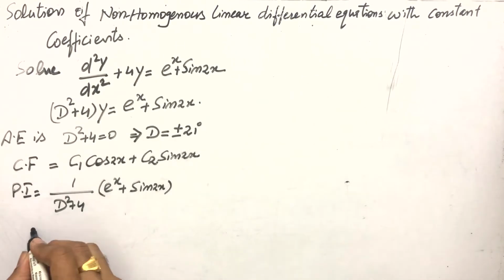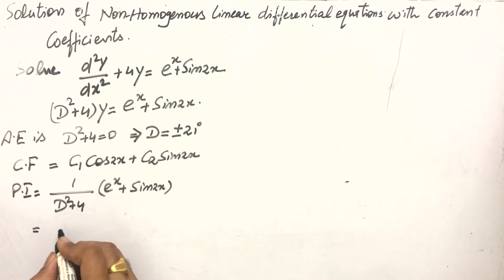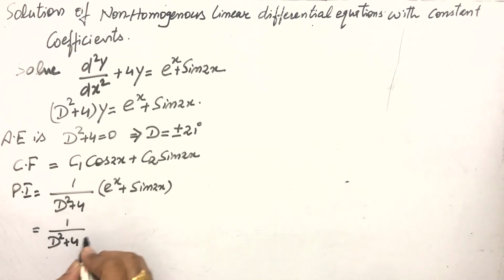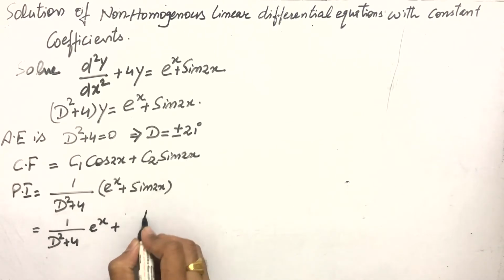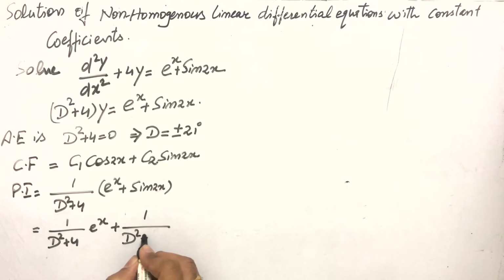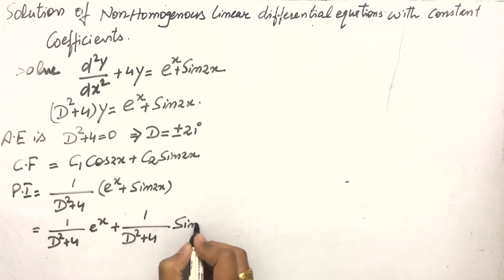So very easily we can distribute this on both, that is 1 upon D squared plus 4 of e power x, and 1 upon D squared plus 4 of sine 2x. Let us separate them and solve separately.